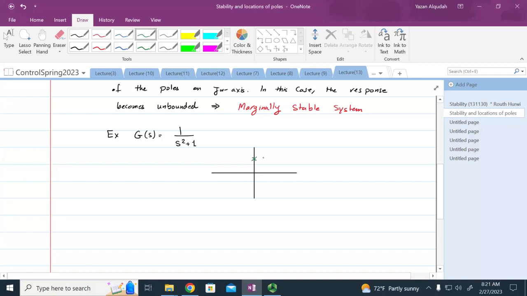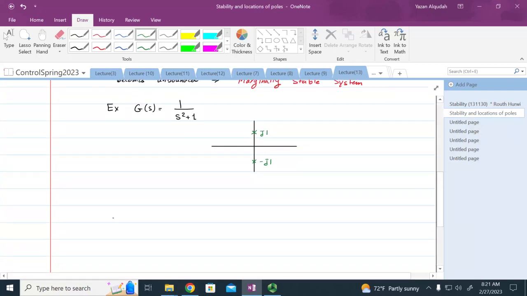Yes, plus or minus j. Who said i? j. In physics, they use i. We use j. Okay, so the poles are on the j omega axis, therefore omega is equal to 1.